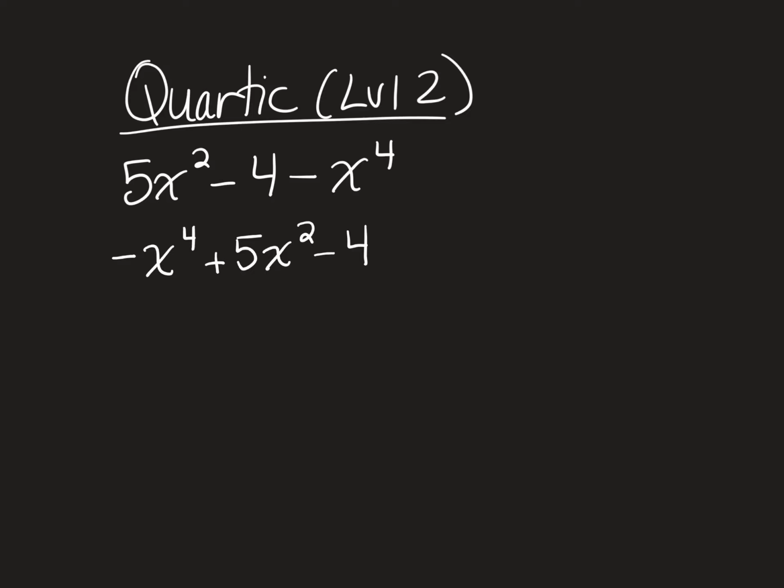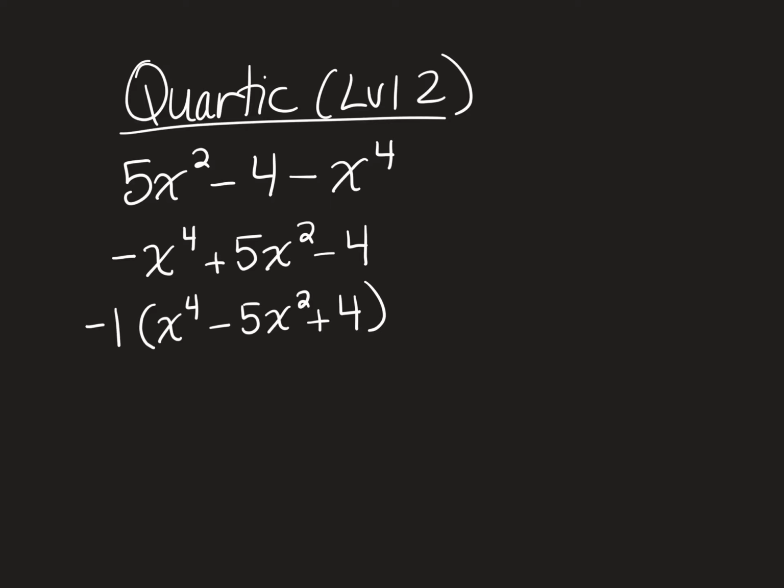All right. This is great. It's in descending order. But one of the keys when you factor is you'd really like your highest power term to be positive. So the first thing I'm going to do is think about factoring out a negative 1 as a greatest common factor. So before I do anything else, I want to make sure that x to the 4th is positive, which means when I factor out a negative 1 as my greatest common factor, it's going to change all of the signs.